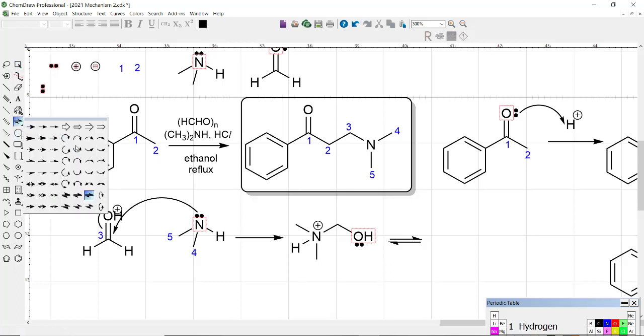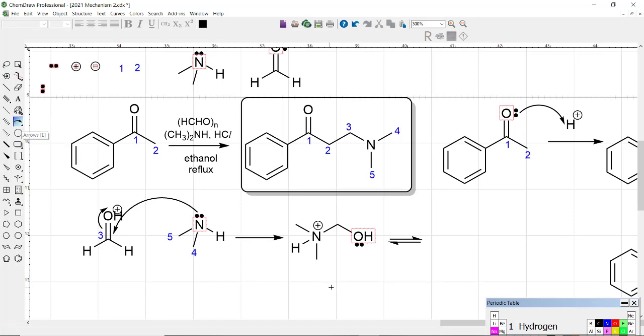In this case, this intramolecular proton transfer, you can either draw it stepwise or just in one step. So I'm just going to draw it in one step. This proton transfer will shift the proton into the other OH.